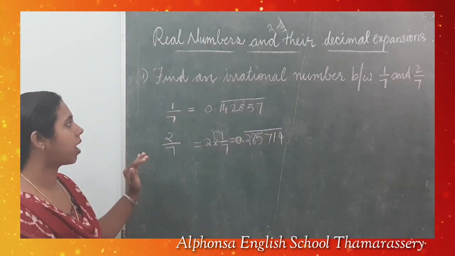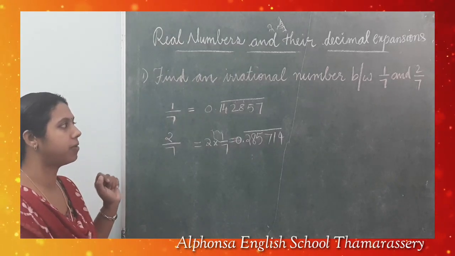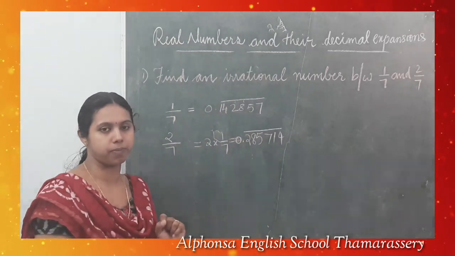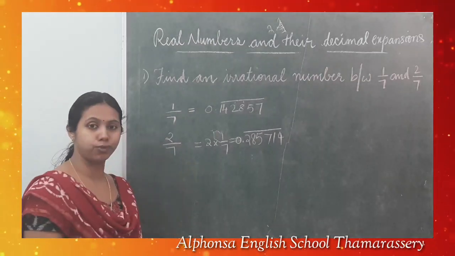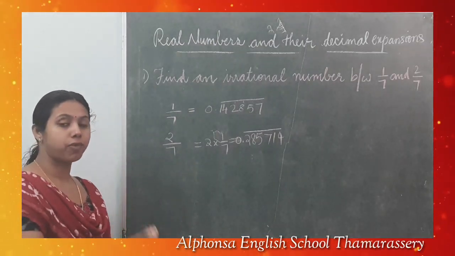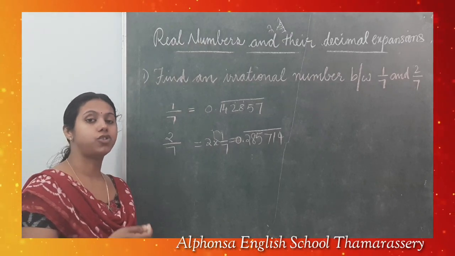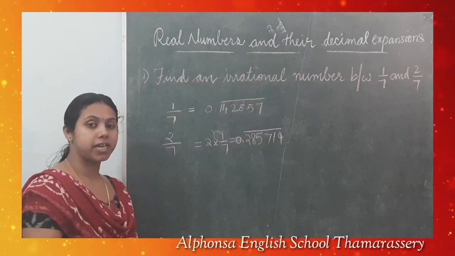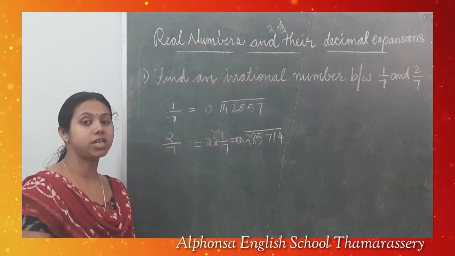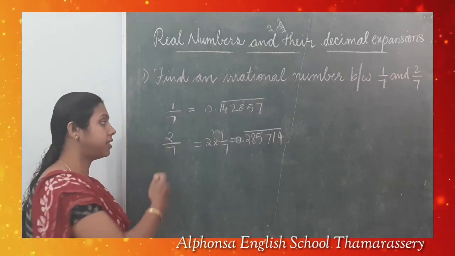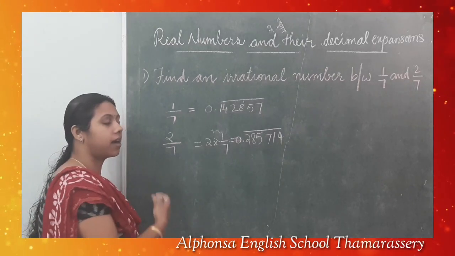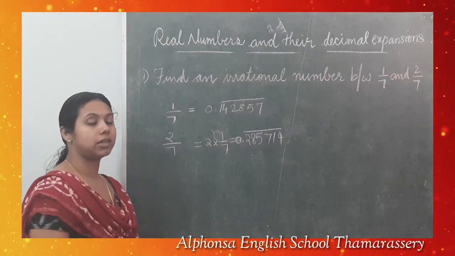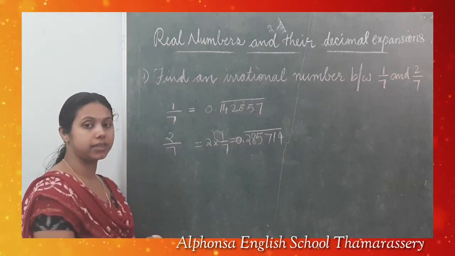We want to find an irrational number between these two numbers. To find an irrational number between 1 by 7 and 2 by 7, first we want to find a number whose decimal expansion is non-terminating, non-recurring, lying between these. You can find many numbers like this.